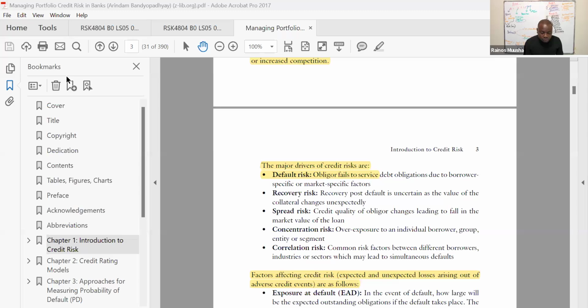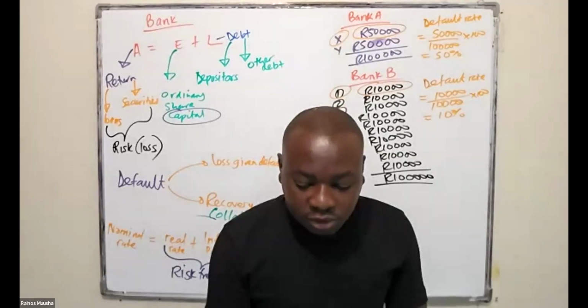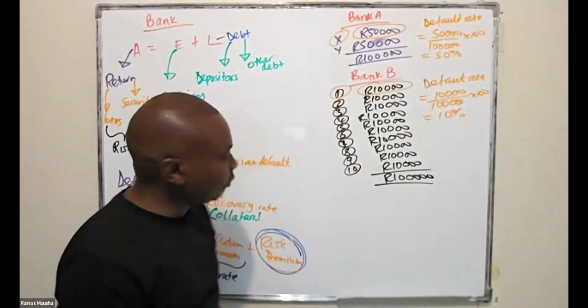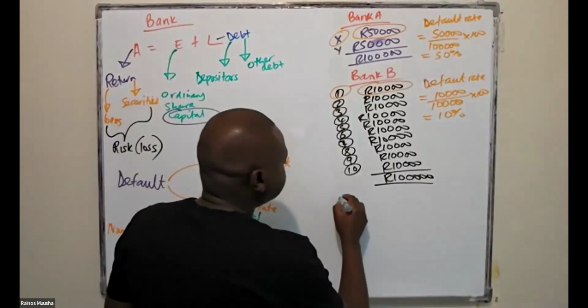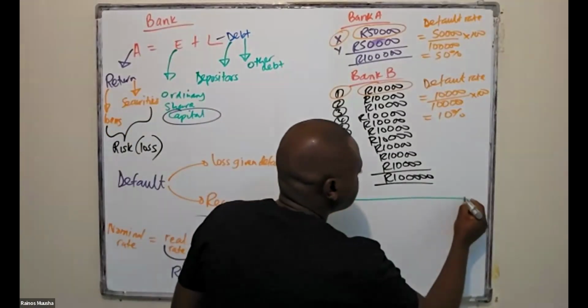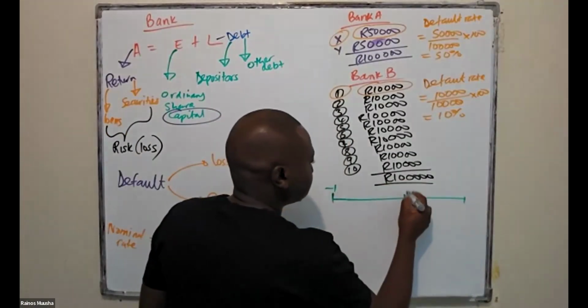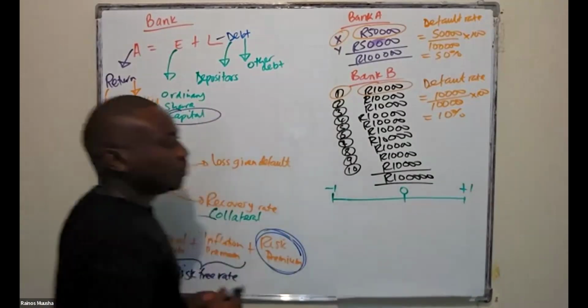Now, when it comes to correlation risk, we need to acknowledge that the correlation coefficient varies between -1 and +1.